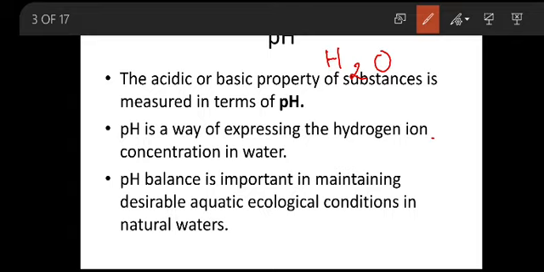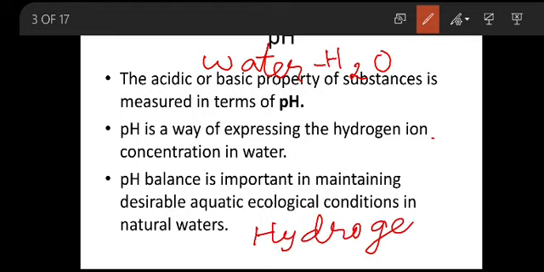All these are the building blocks of a body. Similarly, for any object, there should be some elements involved. Like that, water is made up of two elements, hydrogen and oxygen. We call water chemically H2O.